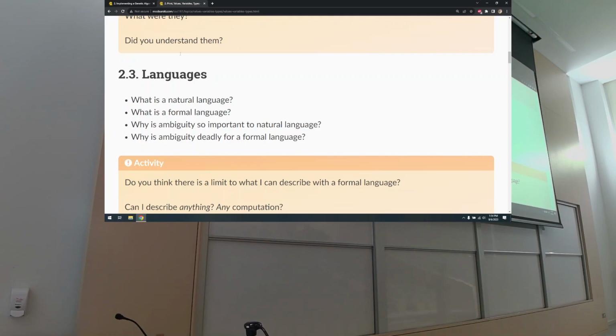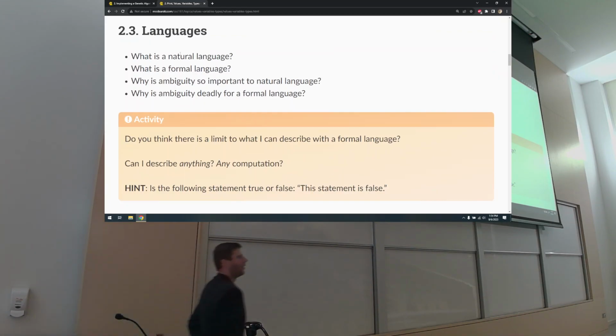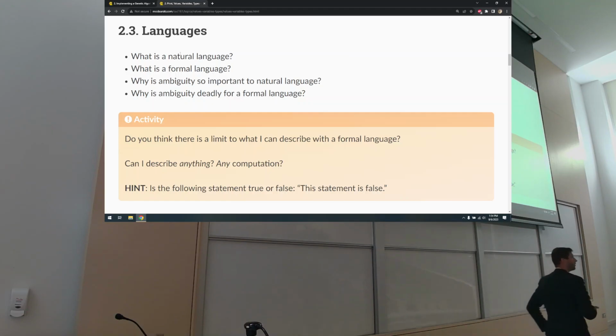We know that there's stuff that we can't solve, but we don't know what those things are, which is kind of mind-blowing. But that's well beyond the scope of this course. That's fairly sophisticated stuff. But let me put it like this. This statement is false. What does that mean? Someone tell me what that means.